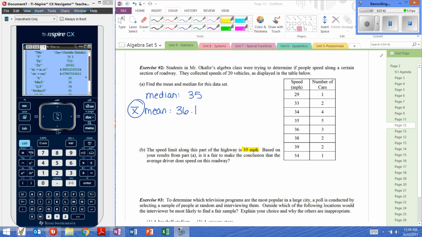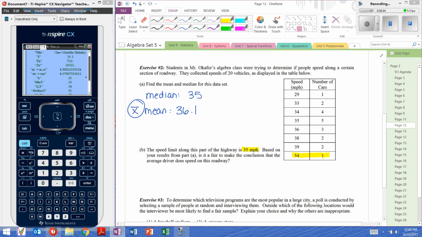Well, if you look at the data, you can see that most people, if they're going to be speeding, are not going really, really, really fast, except for this guy right here, or maybe it's a girl, I don't know. They're going 54 miles per hour. And what do you think that 54 does to the mean of the data? You are right.